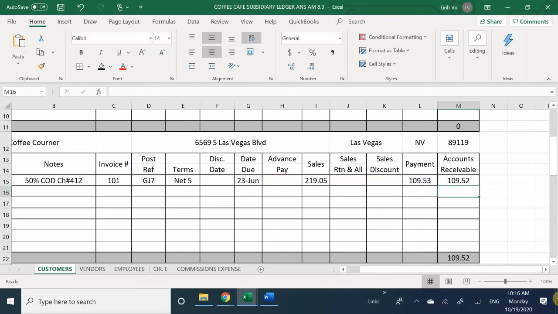So with that formula, the total amount that Katie's Coffee Corner owes me is 109.52, which is exactly the amount on the invoice. Okay, so here, the total amount of invoice, she paid half of it. We already recognize it's 50% down COD, and the check number is 412, giving me a grand total of 109.52. Okay?